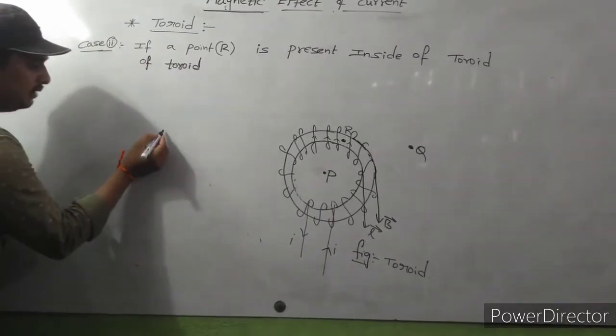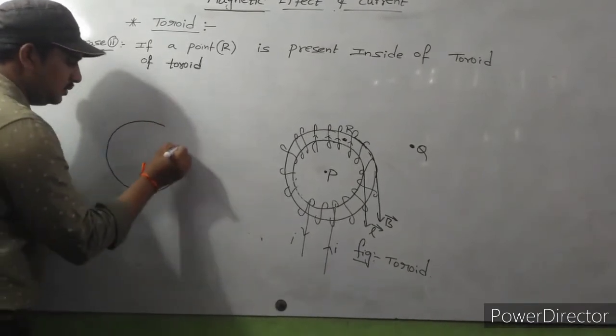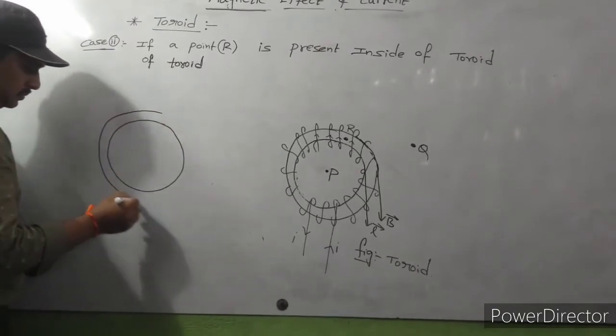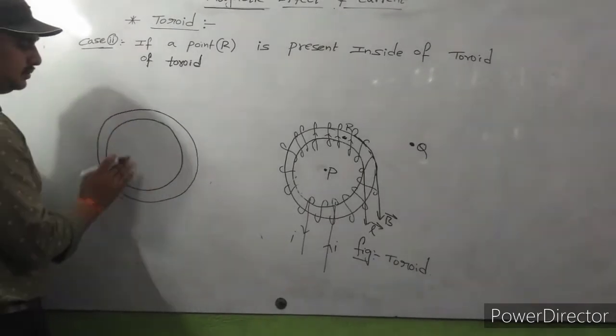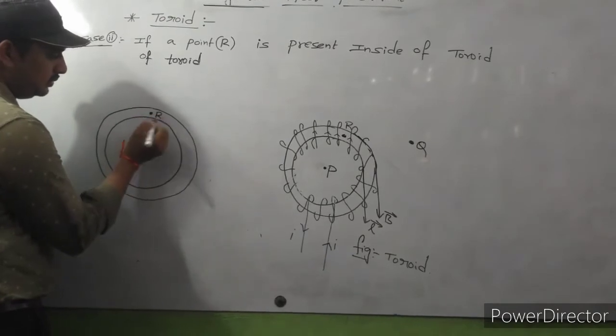So that means I will draw here. This is a normal view I draw. This is a toroid, means here is the point R inside of toroid.